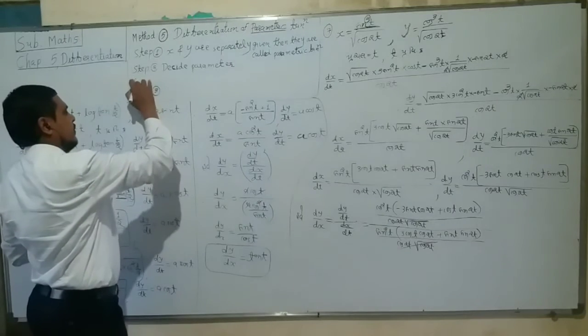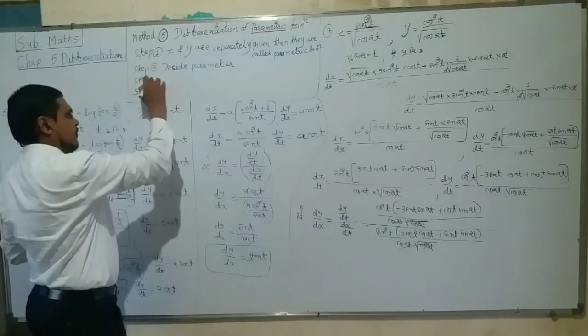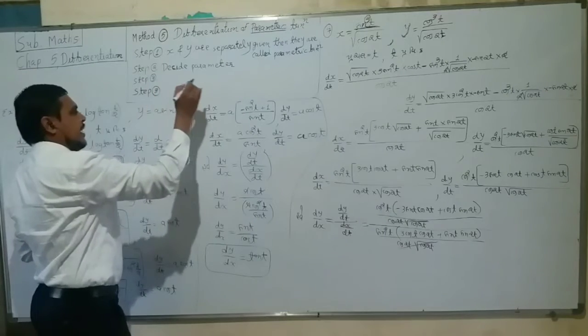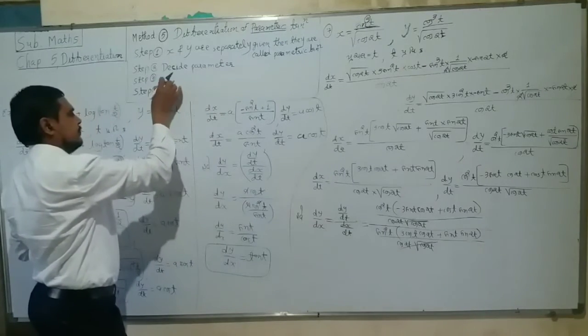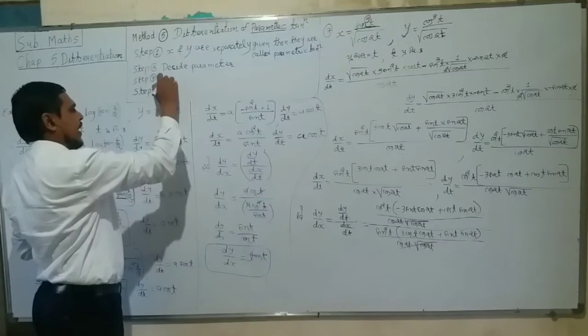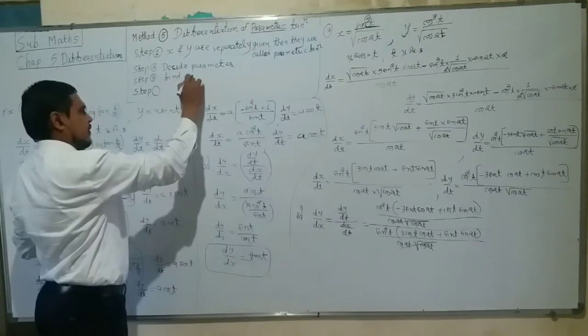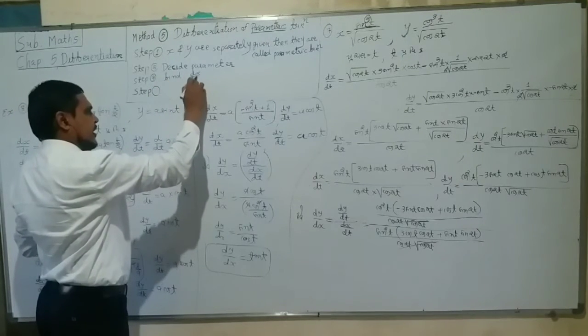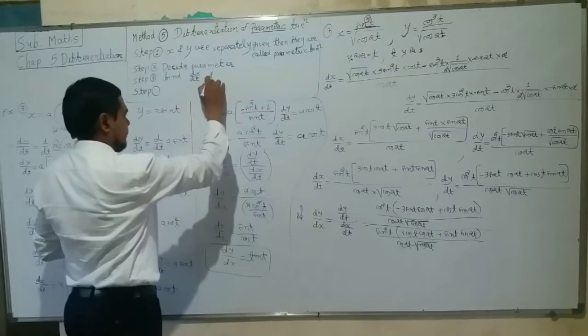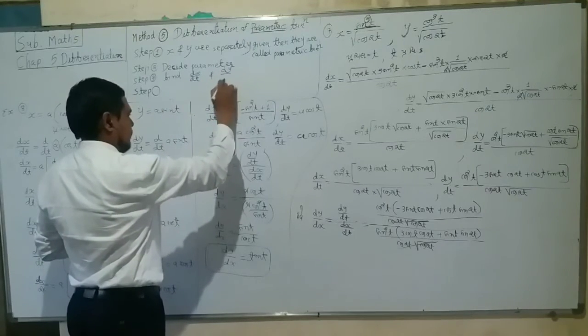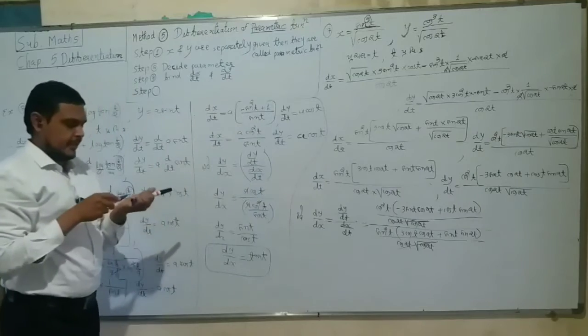If the parameter is t, then find dx by dt and dy by dt.